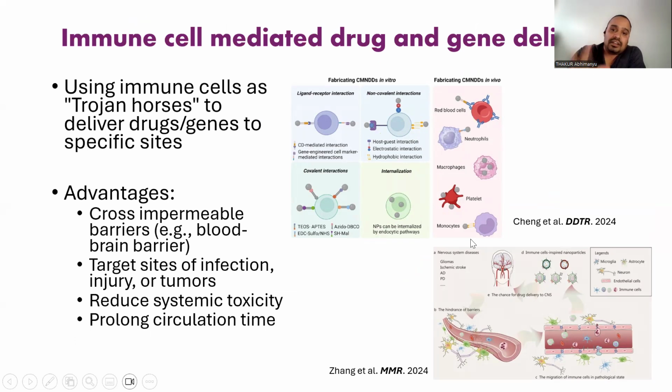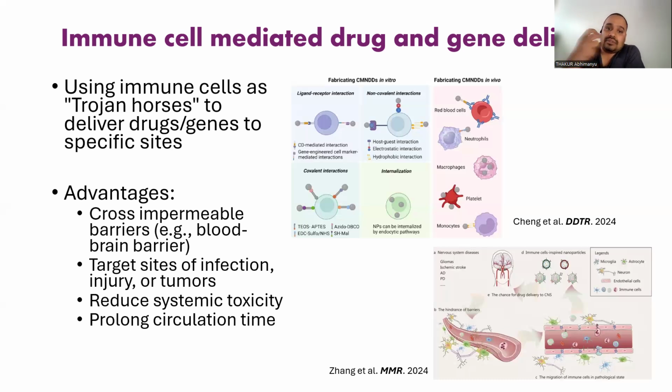This strategy exploits the natural migratory and homing abilities of various immune cell populations, including macrophages, neutrophils, and T cells, to target biological barriers and accumulate at the site of disease by loading these cells with therapeutic cargoes. It has been found that they can overcome traditionally impermeable obstacles such as the blood-brain barrier, and that enables their access to previously unreachable targets.